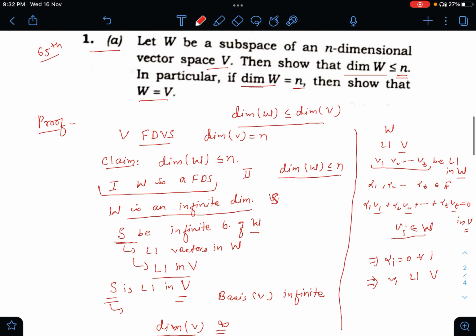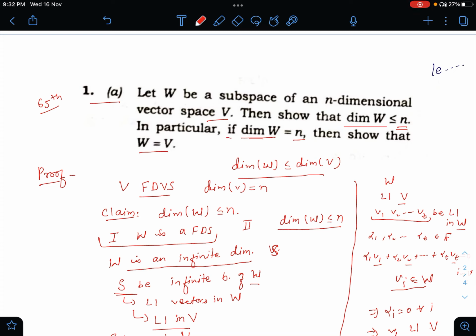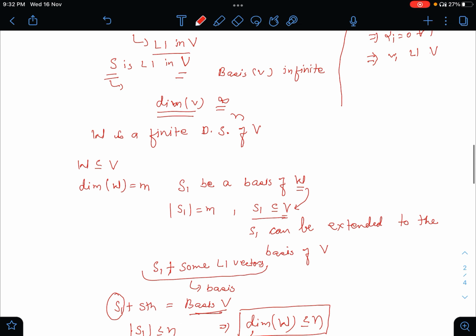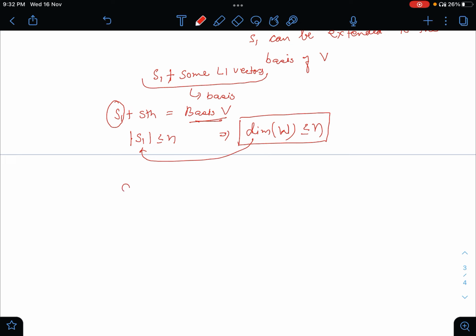Now the second part of the question says that in particular, if dimension of W is equal to n, then show that W is equal to V. Dimension of W is equal to n, it is given, and we need to prove that W is equal to V. So let S1 be a basis of W, and dimension of W is n.